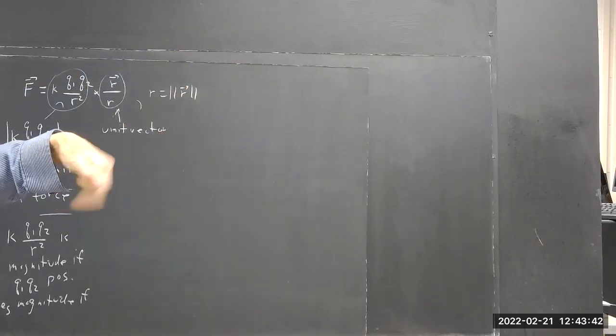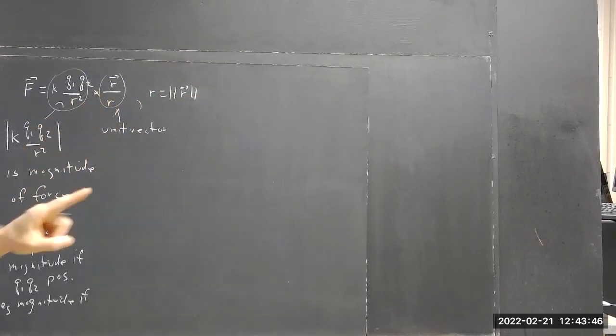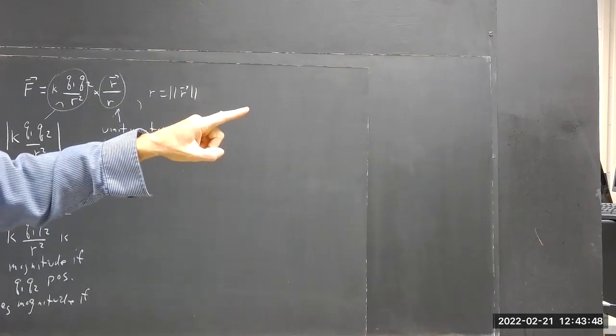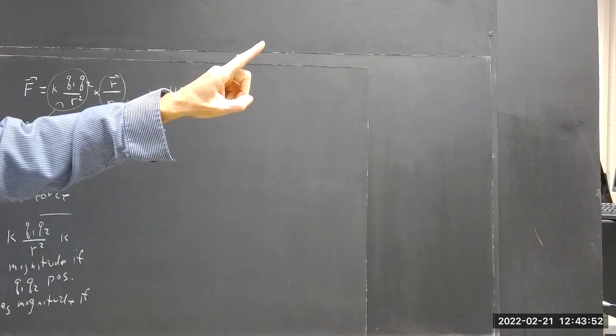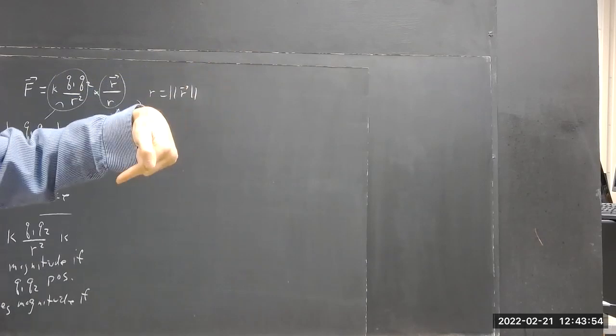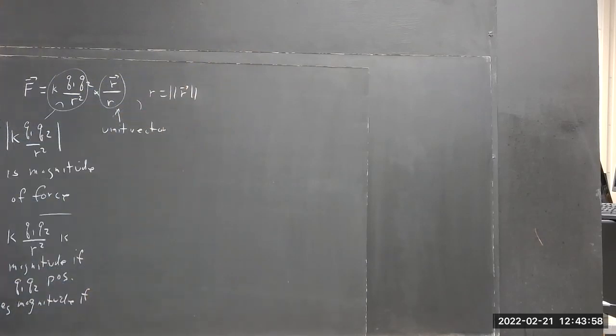Now, to get a force in this direction, you would multiply the unit vector, which is in the direction of the force, by a positive number. If you multiply the unit vector by a negative number, it's going to give you a force in the opposite direction, which would be your force of attraction. So you have to understand all that when you see this, okay?